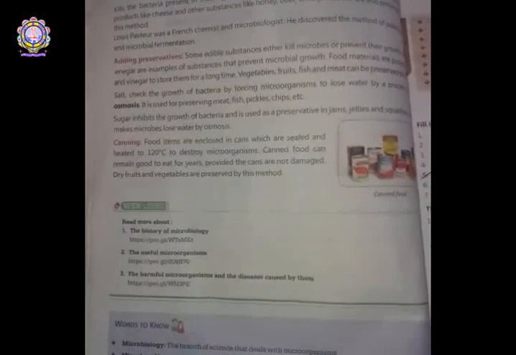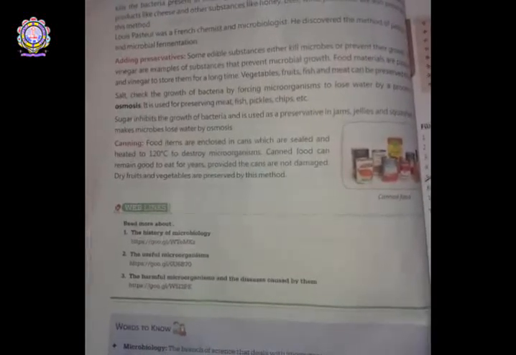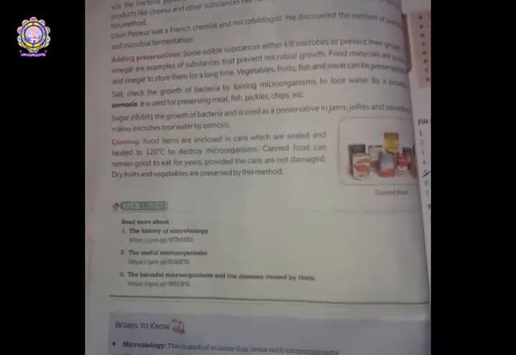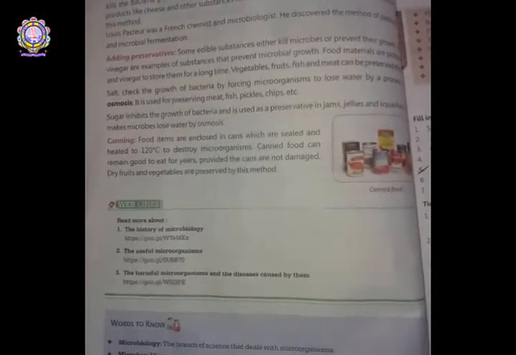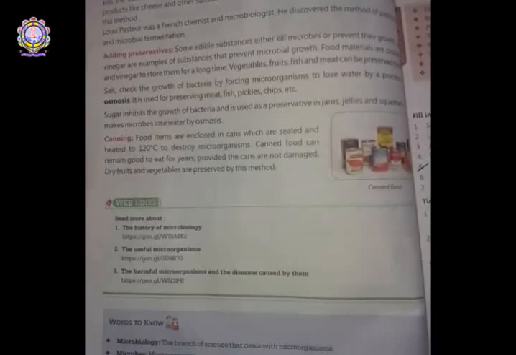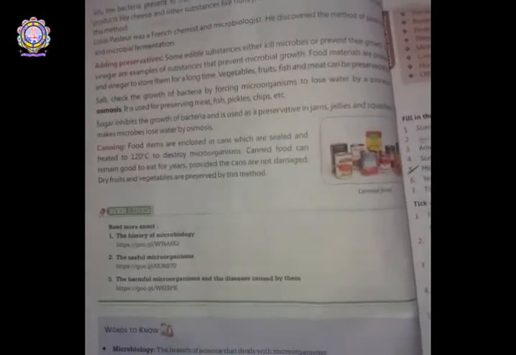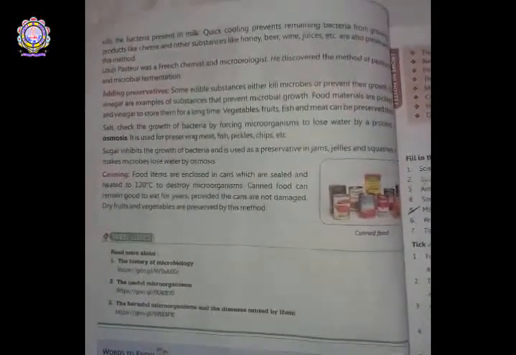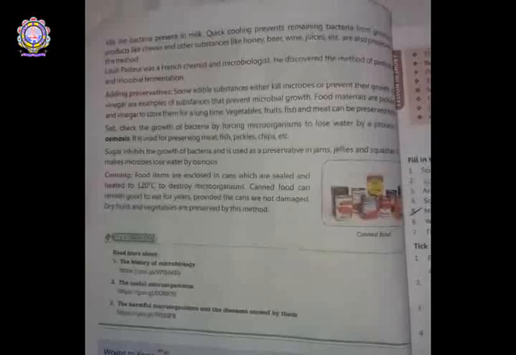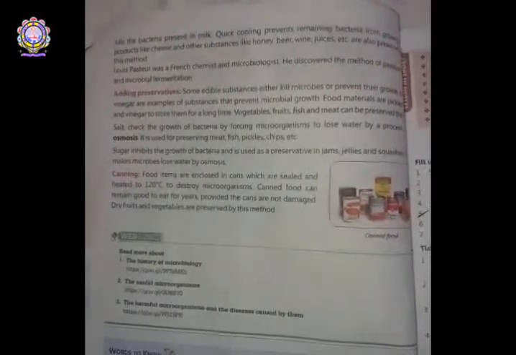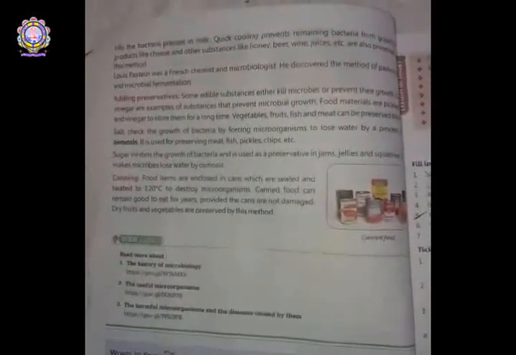In this process, dry fruits and vegetables are preserved. Many fruit juices and dry fruits are collected by this method.